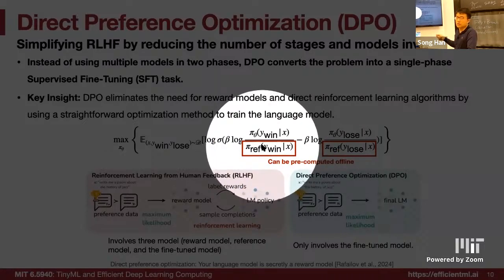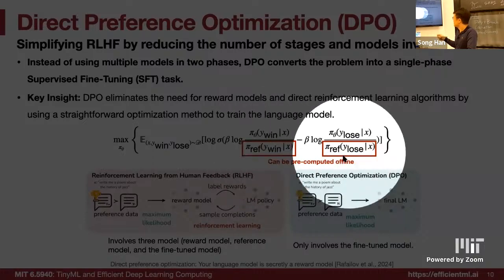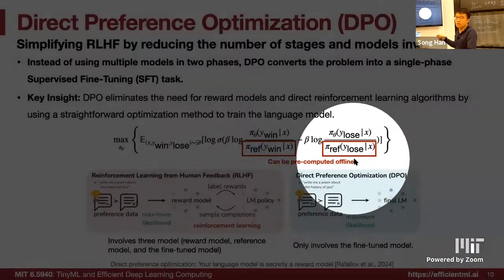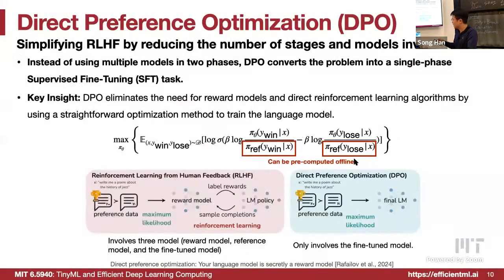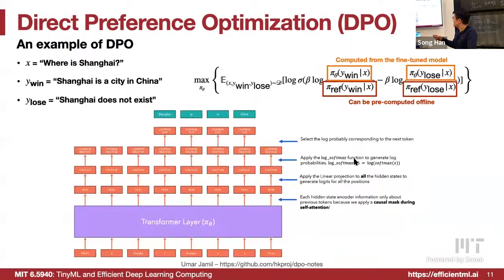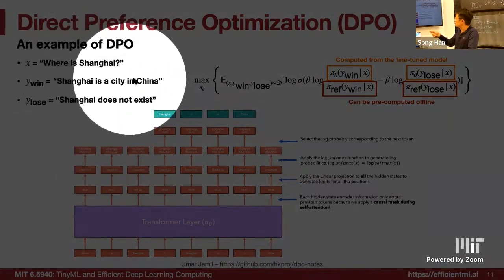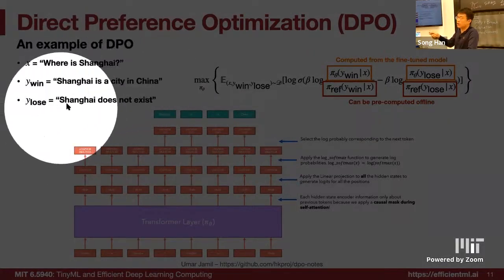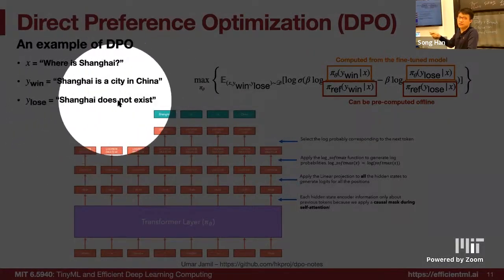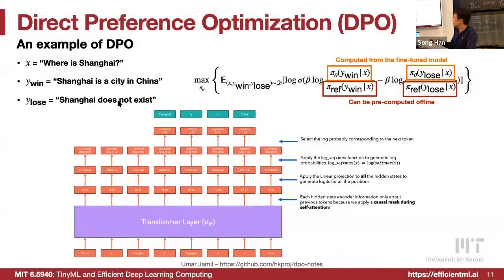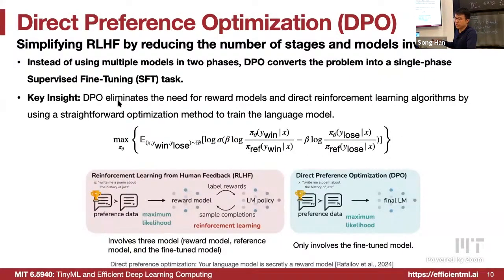Given the same input, there might be a winning output and a losing output. So what is a winning output? What is a losing output? Say this is an example where it's Shanghai. The winning output might be Shanghai is a city in China. The losing output might be Shanghai doesn't exist. So we collect a lot of such X, Y win, Y lose pairs.